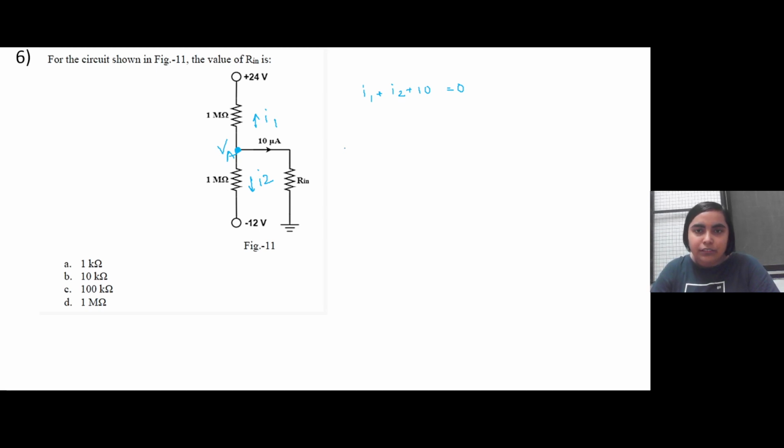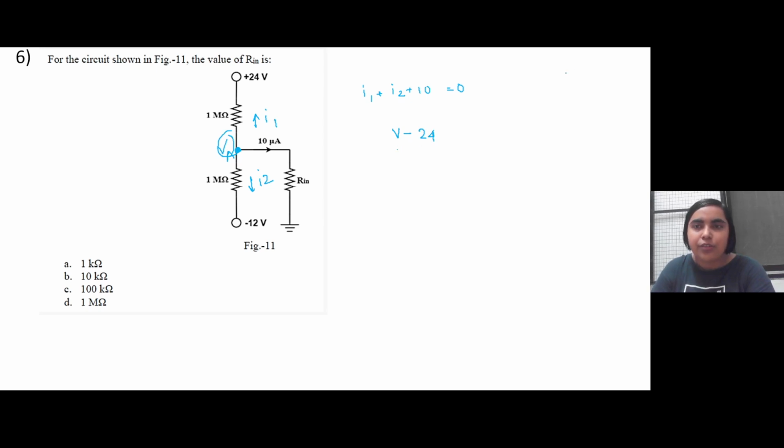Now you apply the node voltages. It is given here 24, this is unknown. What you have to find is this V voltage, right? So I1 is flowing through this one, so it will be V minus 24 by 1 mega ohm.